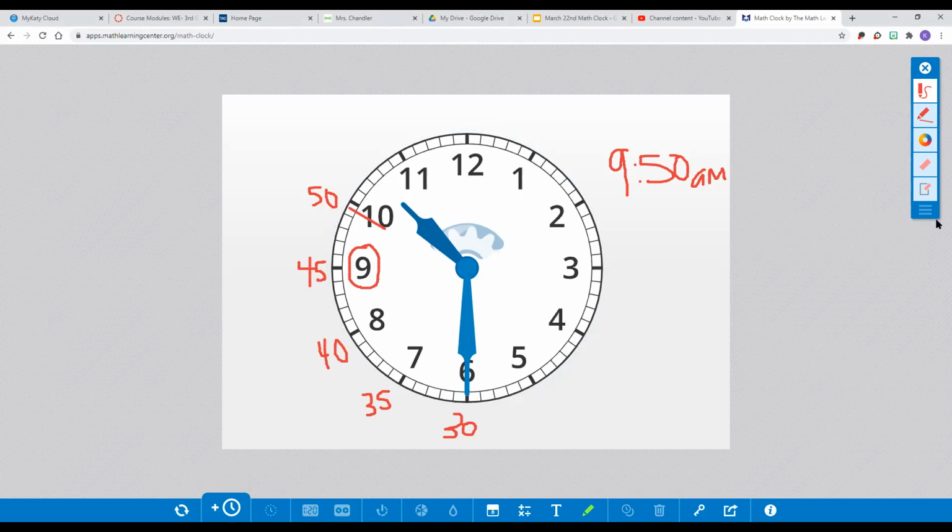Okay, what time? Someone tell me what time is on my clock. Miles, what time is on my clock?